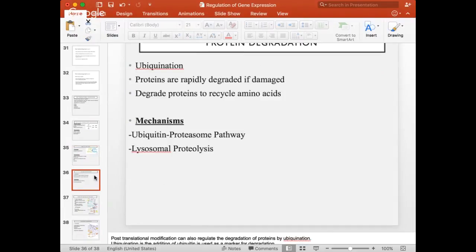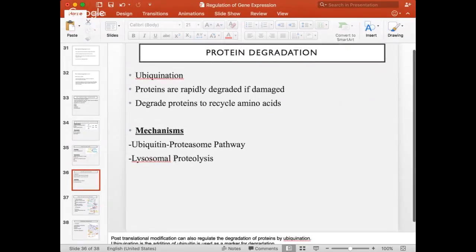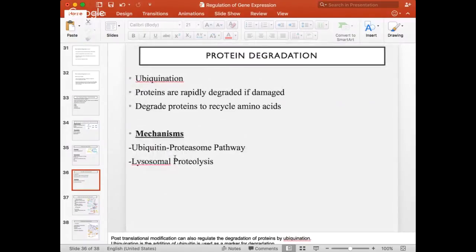So now we're moving on to protein degradation. Post-translational modification can also regulate the degradation of protein by ubiquitination. Ubiquitin is used as a marker for degradation. The purpose of protein degradation is to get rid of any damaged or misfolded proteins in the cell so everything can work properly.